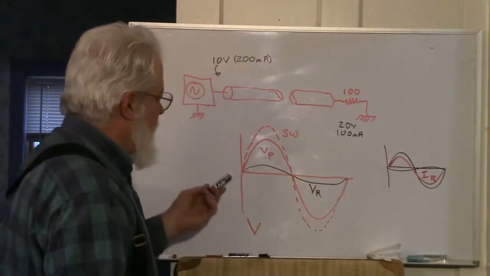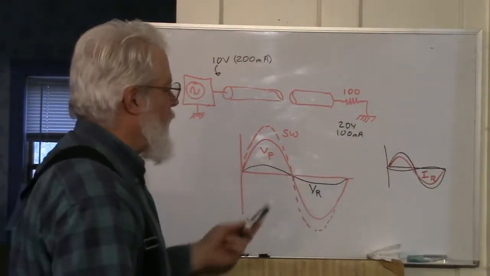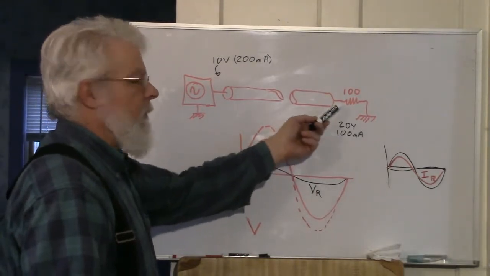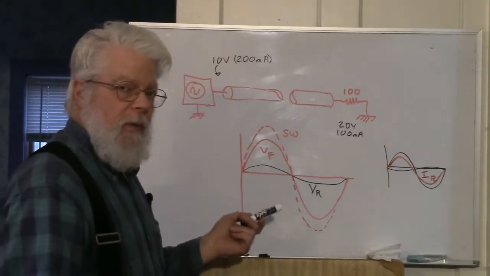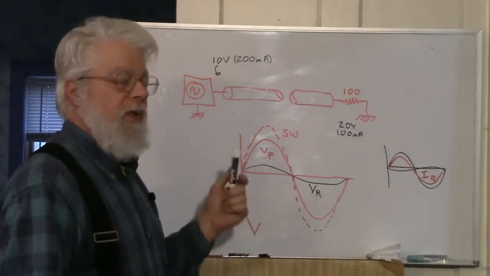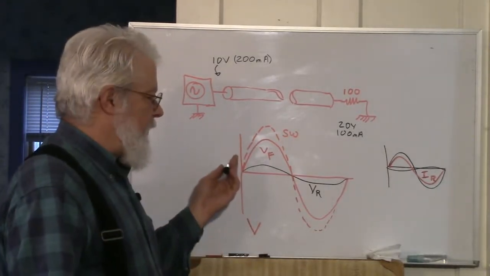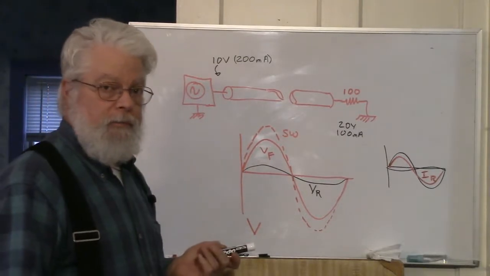Combining these two, we end up back here with a current and voltage which reflects the mismatch at the end, and it has changed not our characteristic impedance, but our input impedance. So the impedance seen by the generator now is no longer 50 ohms.